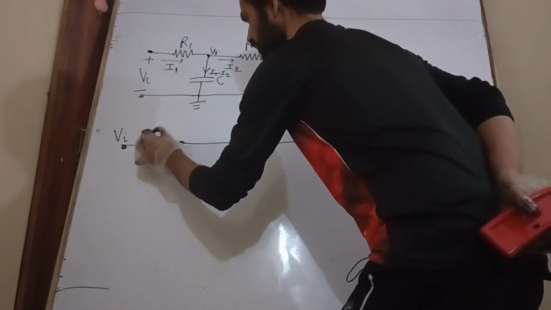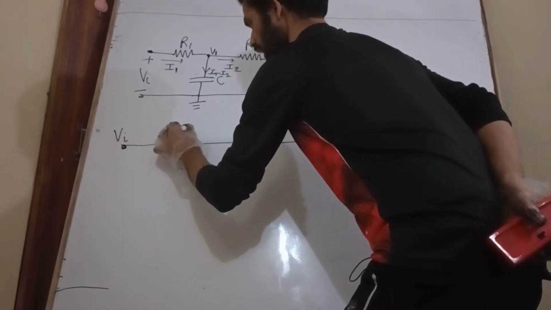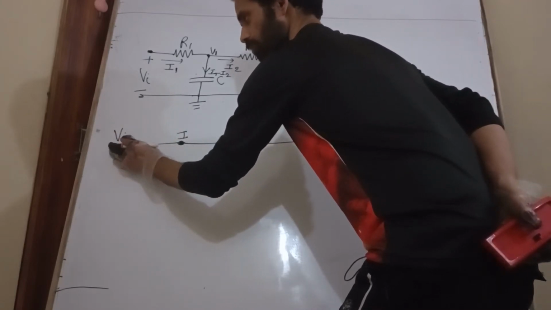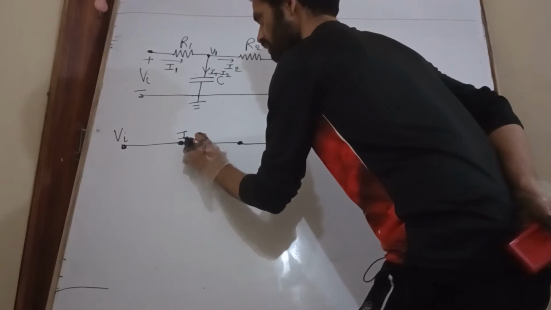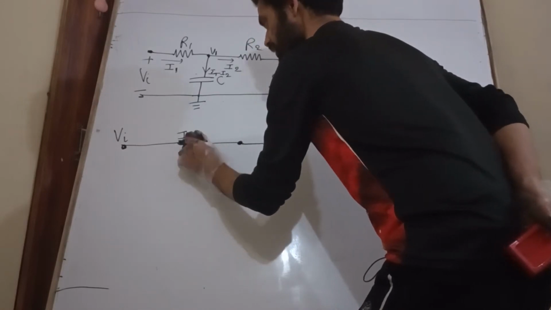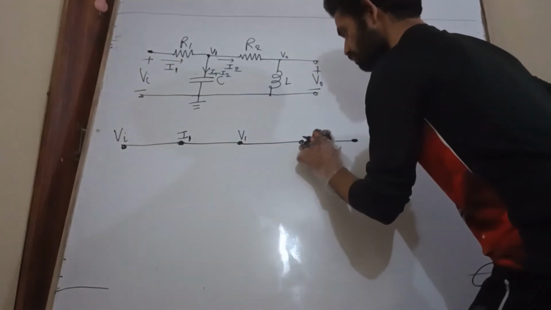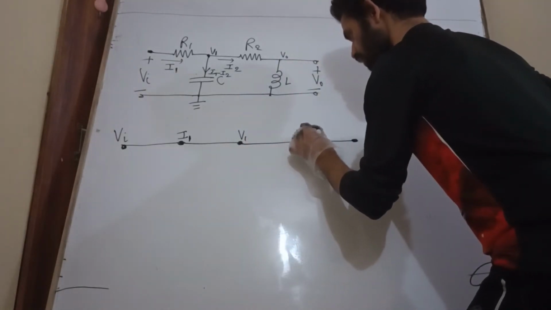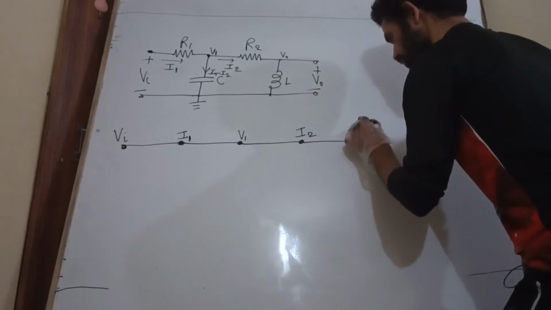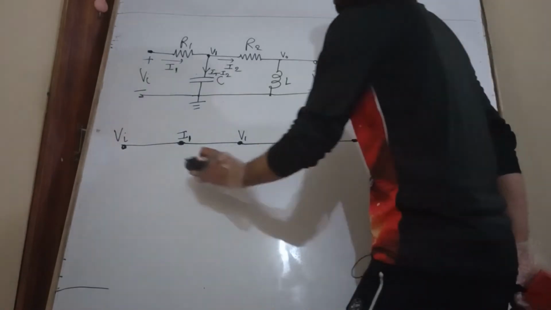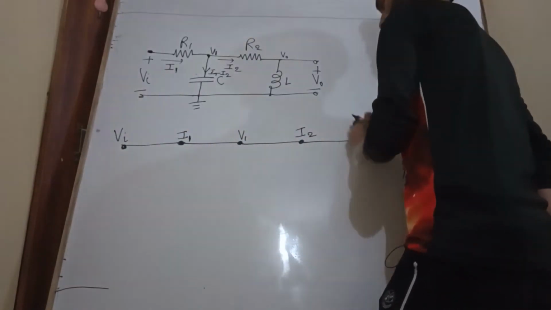Without even checking, alternate: if this is my voltage, then definitely this is current. So this is I1. If it is current, then this is voltage, v1. If it is voltage, then this must be current, I2. If it is current, this must be voltage, v0.